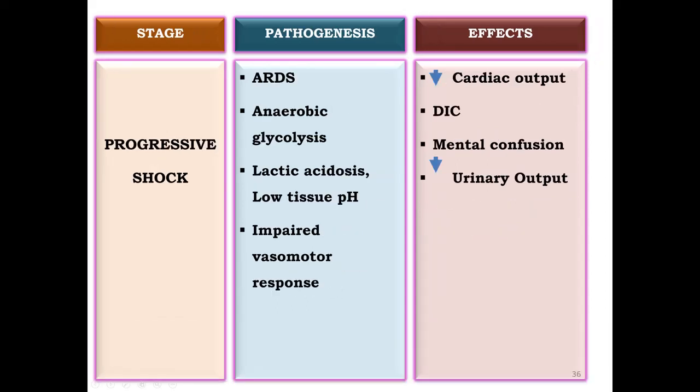Another bar diagram showing progressive shock in which the pathogenesis is ARDS, then anaerobic glycolysis, lactic acidosis, low tissue pH, impaired vasomotor response. The effects are decreased cardiac output, DIC, mental confusion, decreased urinary output.